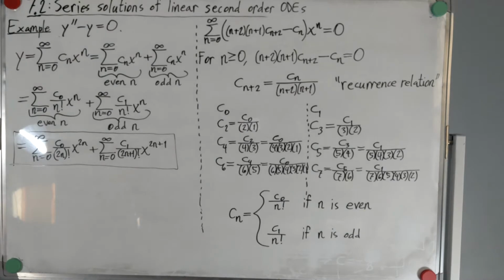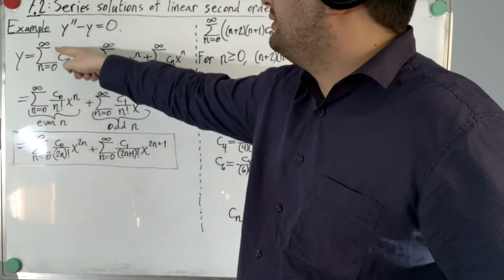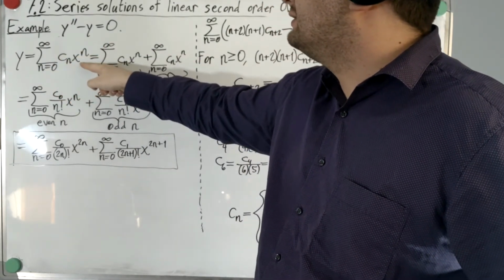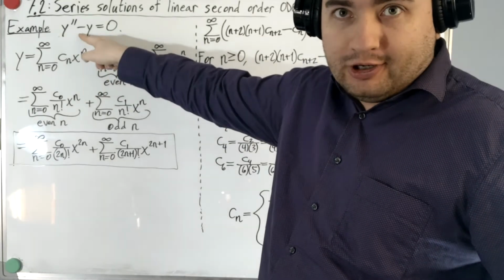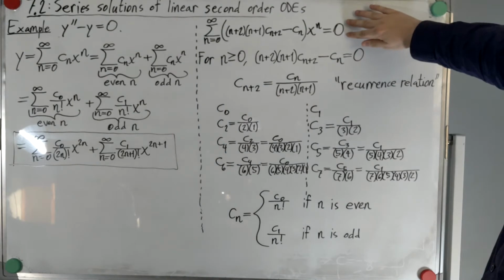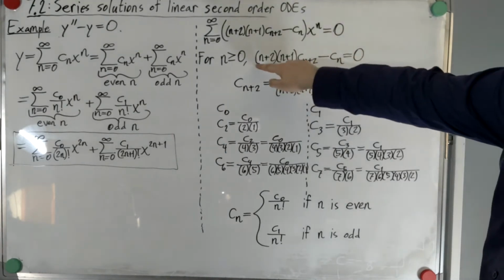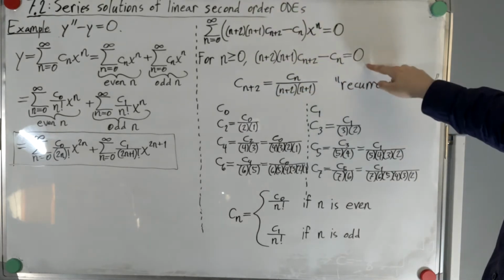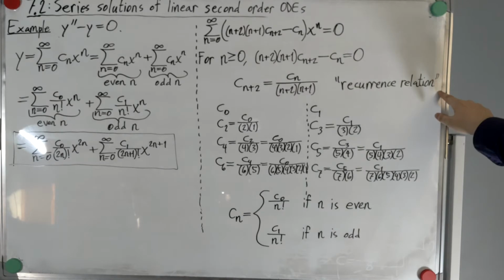But in any case, this is how the method works. We propose y equals the sum from n equals 0 to infinity of Cn x to the n, and we see what that implies for our ODE. We eventually get a power series equal to 0, and then that gives us that all the coefficients are 0, which gives us what we call the recurrence relation.